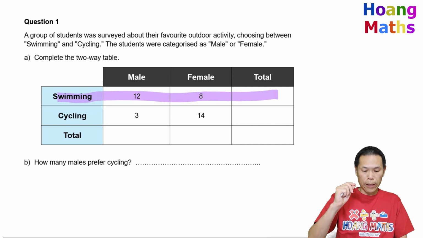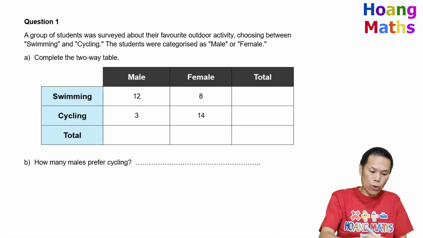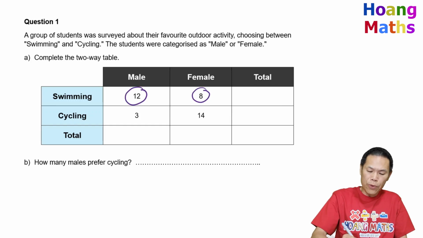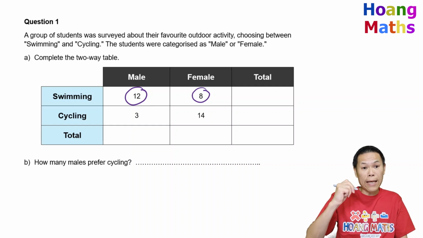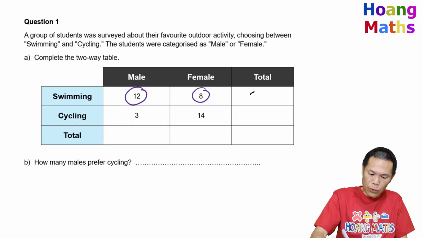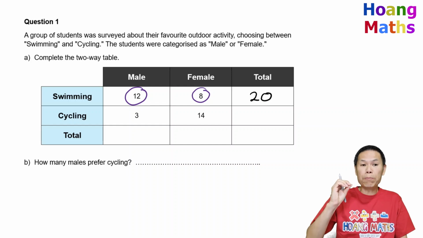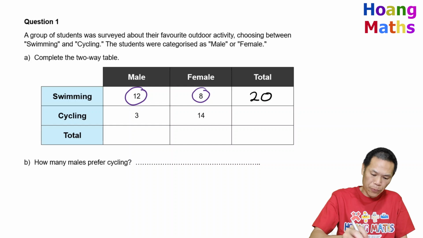for swimming. Now to work out the total for swimming, we just add these two together, which gives me 20, right? Because 12 plus 8 is 20. So we write total. This is the number of students that are swimming, if you like.